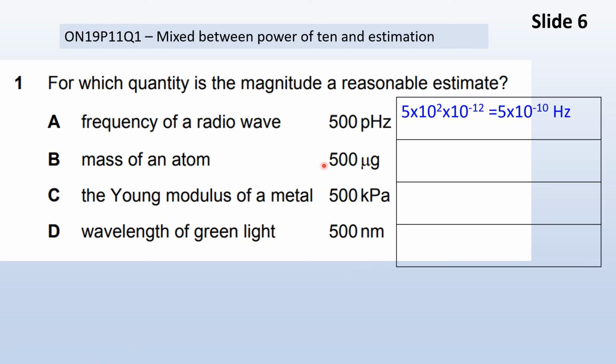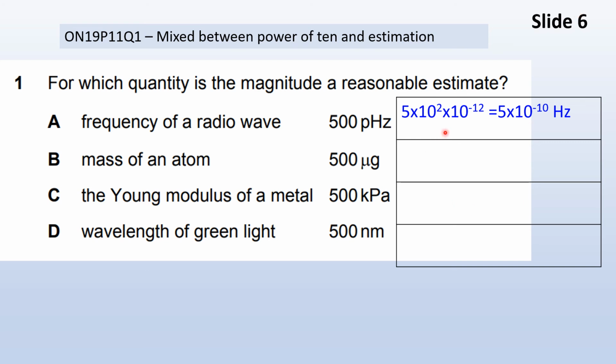So let me work first with 500 picohertz. 500 is the same as 5 times 10 to the second power, times pico, the multiplier is 10 to the minus 12.